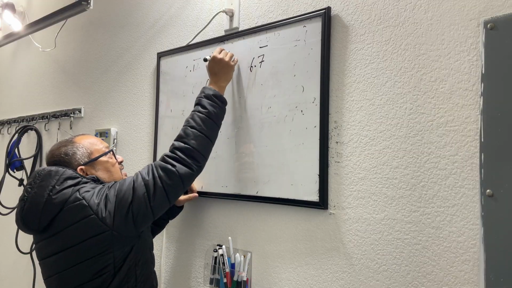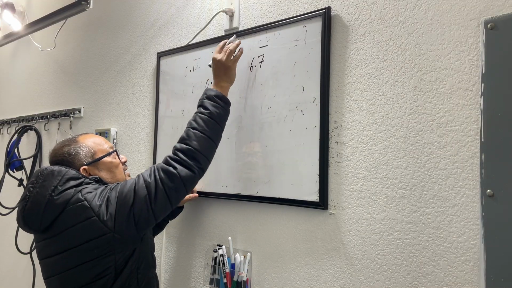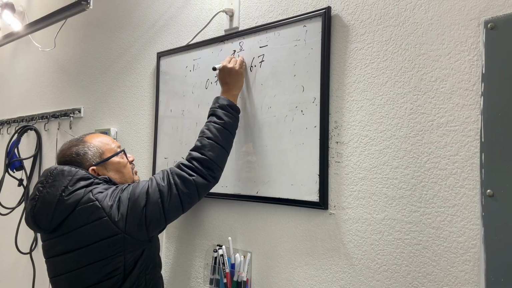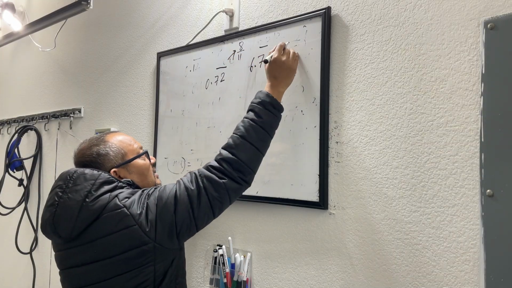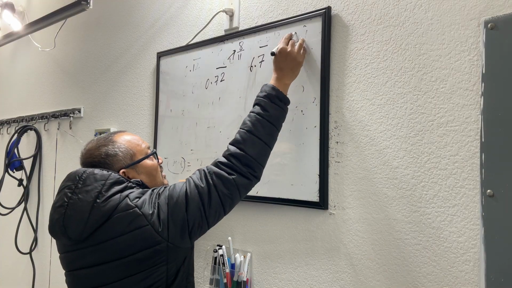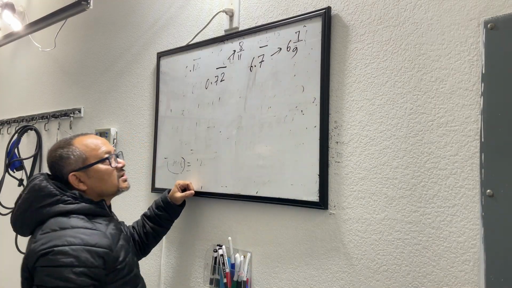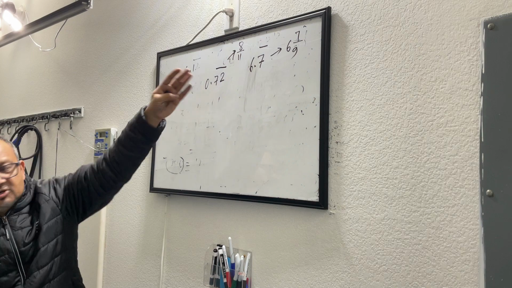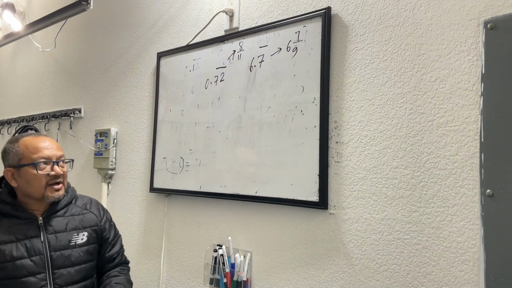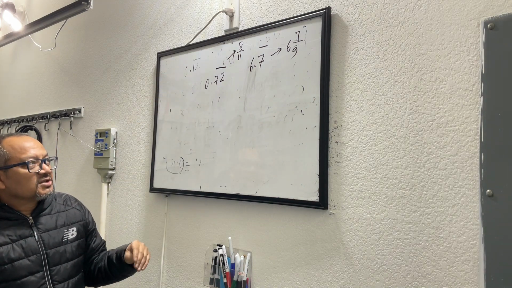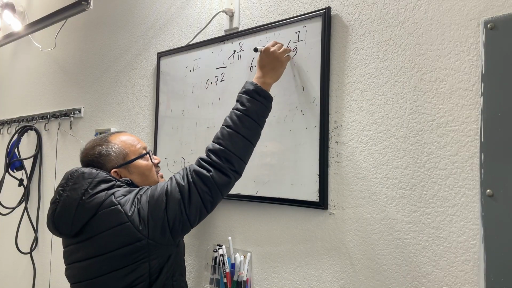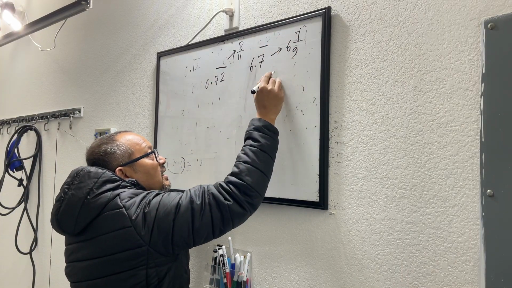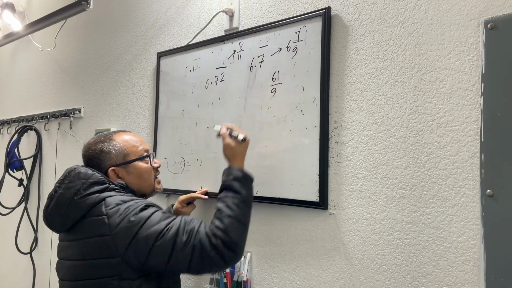This one you got as 8 over 11. Okay. How about this guy? As a mixed number, I got 6 and 7 ninths. Like this? Yeah. So you don't have to worry about converting into an improper fraction. You can give me an improper fraction also. This is translating to 6 times 9, 54, plus 7, 61 over 9. That is also fine.